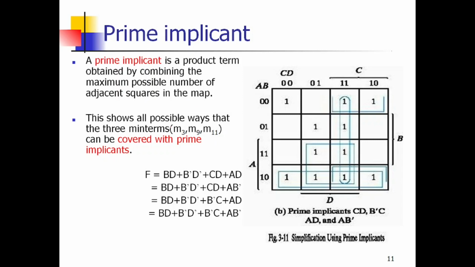See here the minterms m3, m9, m11. Okay, these three minterms are covered by the maximum number of product terms. So the product terms that consist of these minterms are said to be prime implicants: CD, B dash C, AD, AB dash. So these are the product terms which are said to be prime implicants.